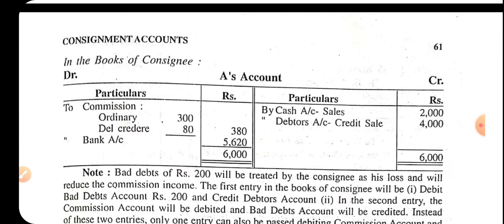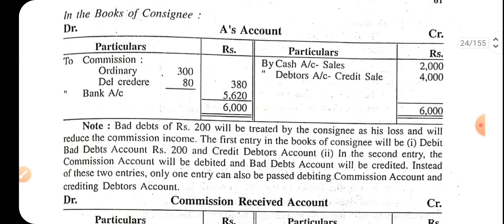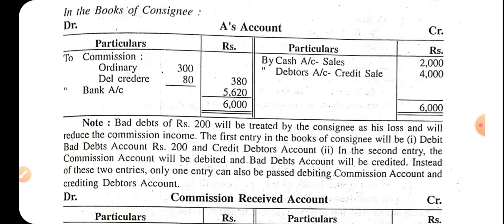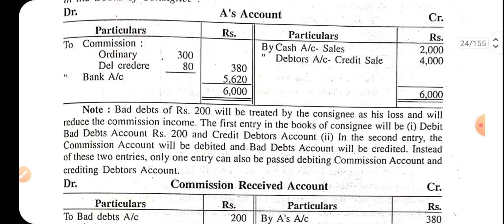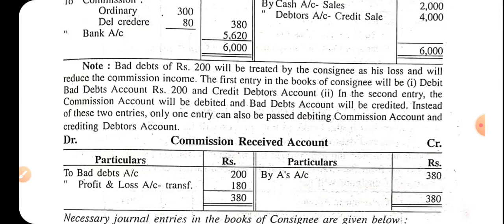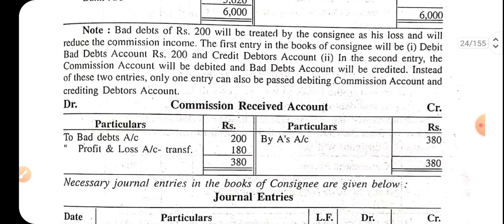Consignee had made sale of 6,000 rupees that we had posted at the credit side of consignor account. Consignor is paying commission to consignee of 380 rupees. So difference is 5620 in the book of consignee in the account of consignor. Consignor is paying 380 to consignee as a received commission. So consignor's account debit to received commission account credit.